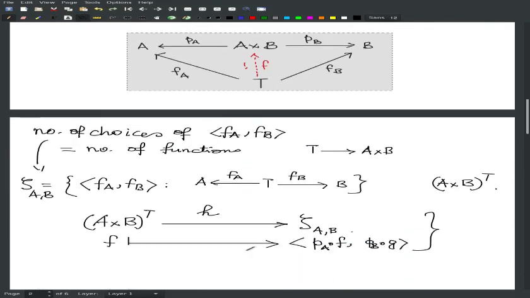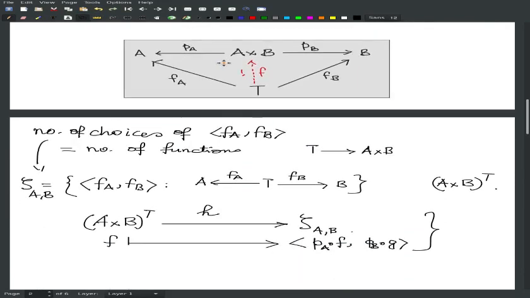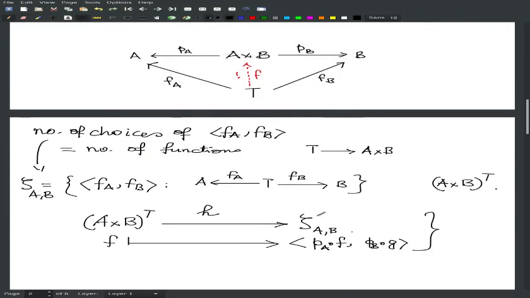Yeah. So that's what I'm doing. So I take a function f and I take it to this. So this is the function. Okay. Now observe, what is this saying?